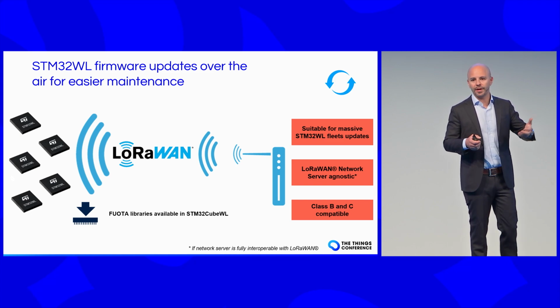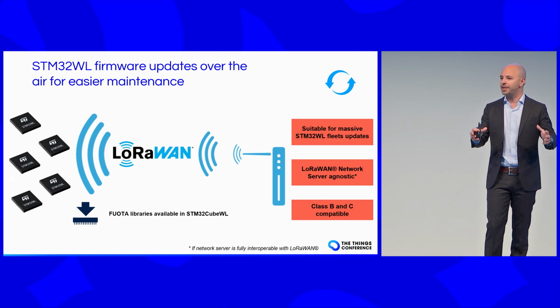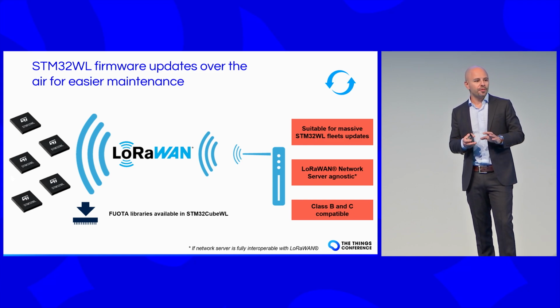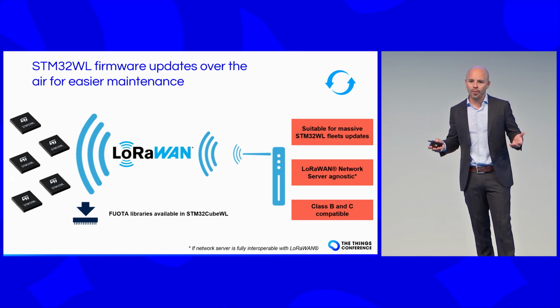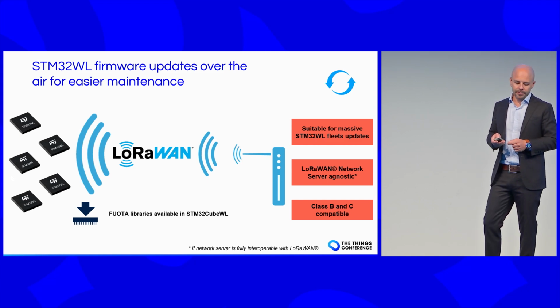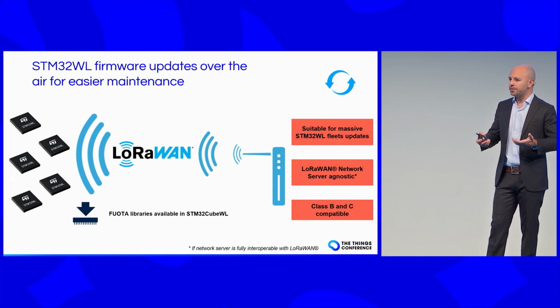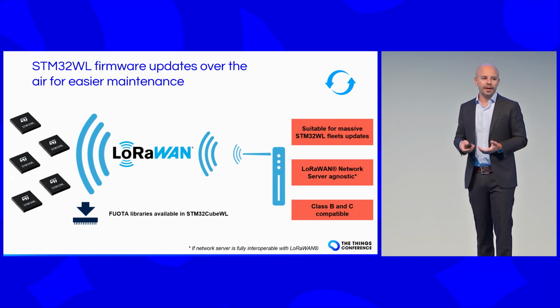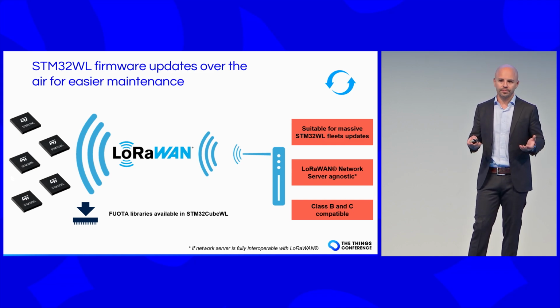This is provided within our CubeWL package on st.com. This feature is compatible with any network server that supports LoRaWAN FUOTA. And this is a way to keep your device up to date, to keep performance across time, and to make it reliable.